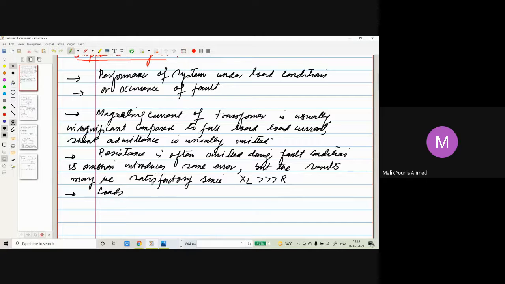Next we can write: loads which do not include rotating machinery have little effect on the total line current.